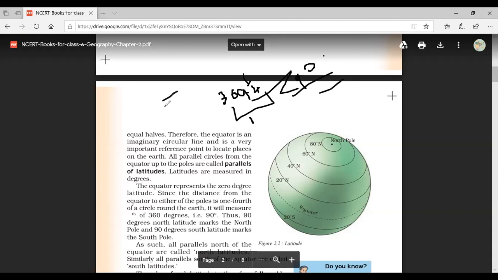So basically the poles are at 90 degrees. The North Pole is at 90 degrees north, and the South Pole is at 90 degrees south. Is it clear? All right, let's move on.